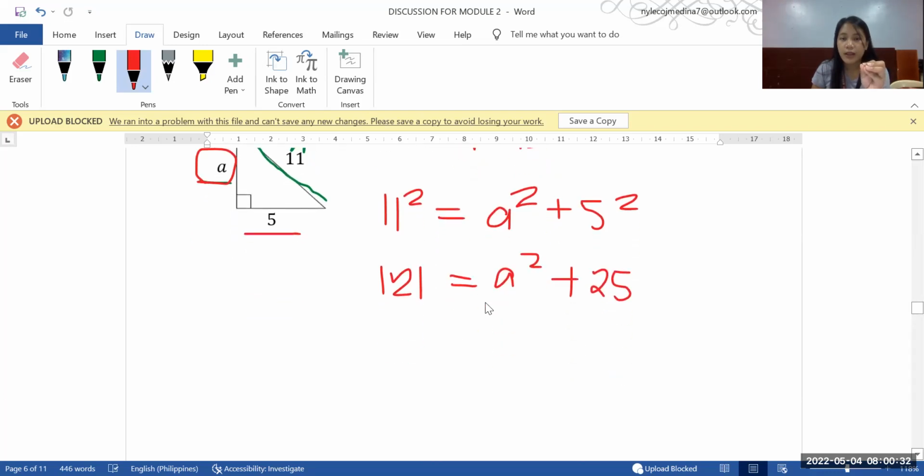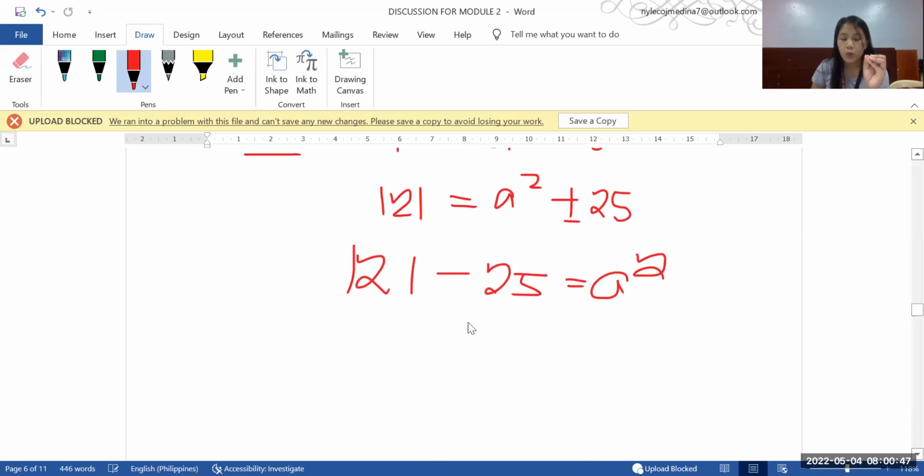Now, for us to find the value of A, ililipat natin si 25 sa kabila, tapos magiging minus, kasi plus dito. So, 121 minus 25 is equal to your A squared. So, 121 minus 25 is equal to 96.